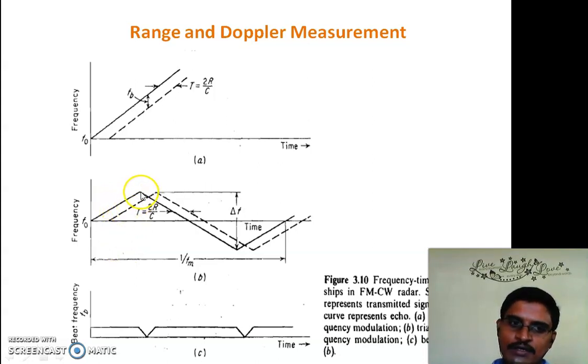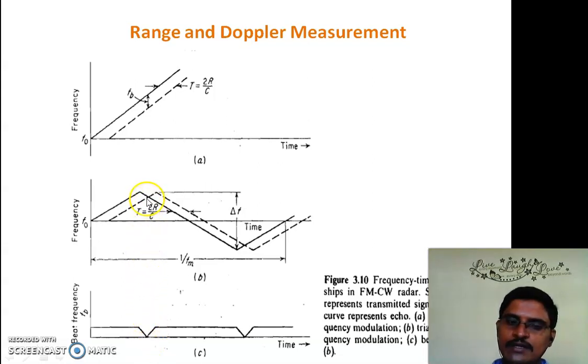Up to this point, there is a constant difference between these two, so this is the constant. At this point and up to this point, there is a little bit of change in the difference. So at this point there is no difference between the two frequencies, hence it is 0.